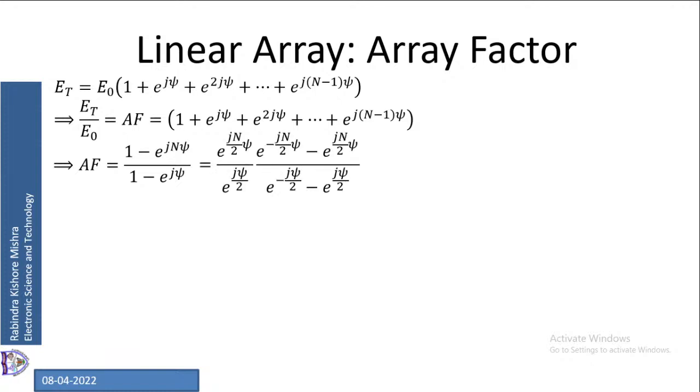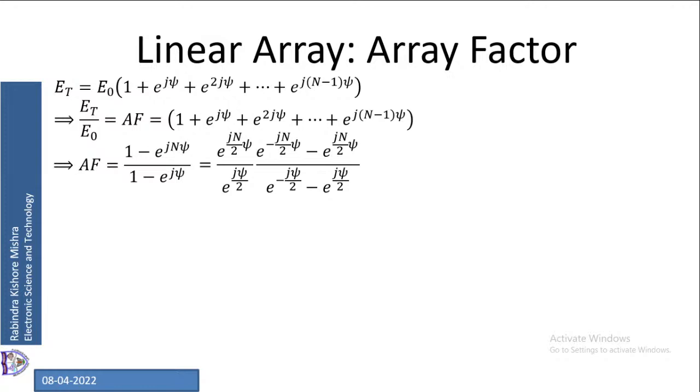Now if you look at the terms within the bracket, they are like 1 plus r plus r square up to r to the power n minus 1, which is a geometric progression where r is equal to e to the power j psi. Okay, so it is a geometric progression.